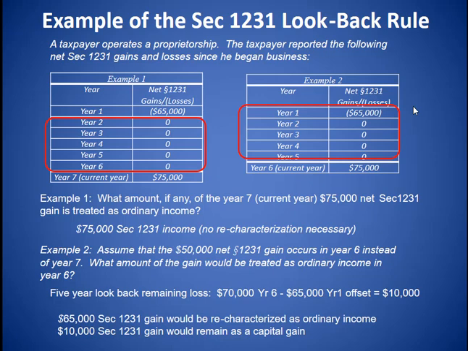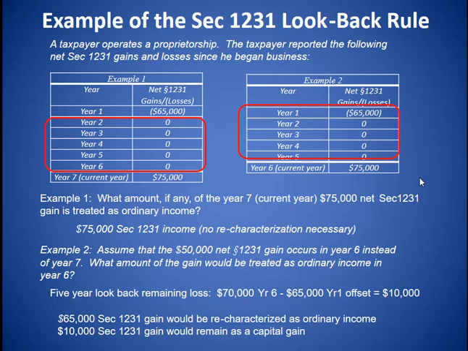But with the 5-year look-back rule, within the 5 years we would have to net any of our net tax losses against our gain and recharacterize that amount as regular income.